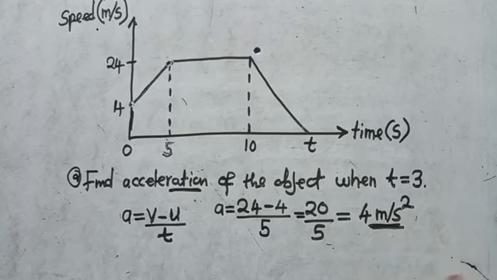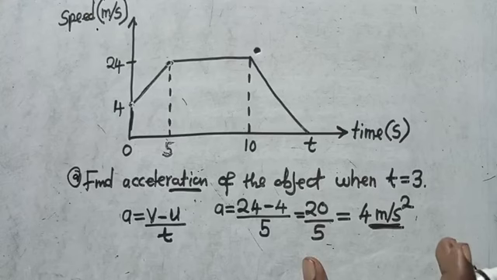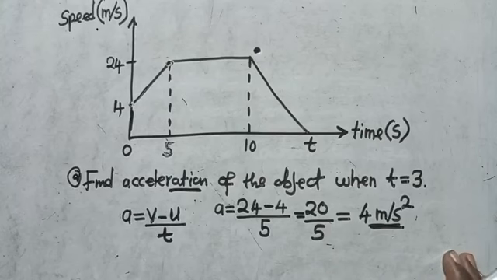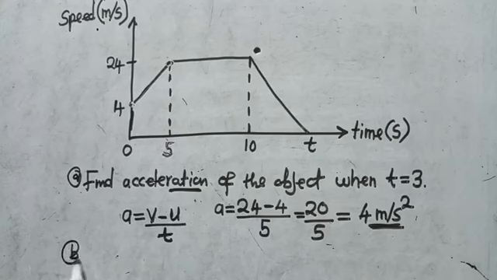So this is the answer. This is how I'm supposed to work out the first part of the question. Whenever you are told to find the acceleration during a time interval, this is what you are supposed to do. We now move on to the next question.